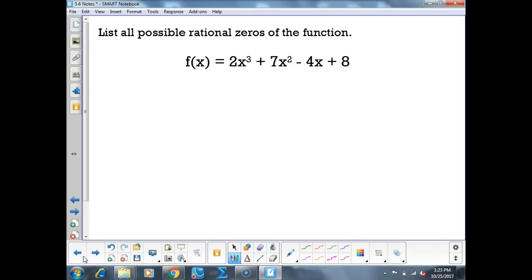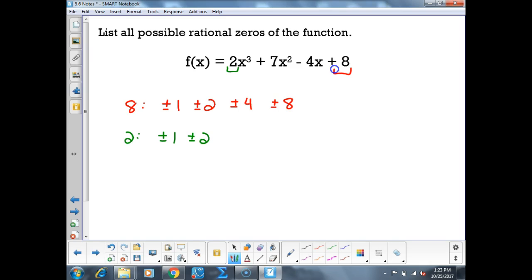So, I'm looking at factors of 8. I get plus or minus 1, 2, 4, and 8. Yes? Then I look at factors of 2. 1 and 2.